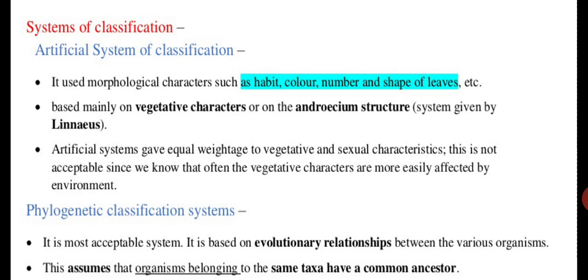Basically, the artificial system of classification classifies the different types of plants present on the surface of the earth on the basis of only the outer appearing characteristics, which are called the morphological characteristics, like where they grow, what is the structure of the plant, the color of the leaves, the shape of the leaves, the size of the plant.